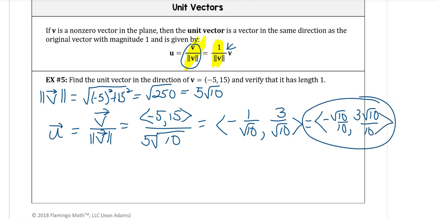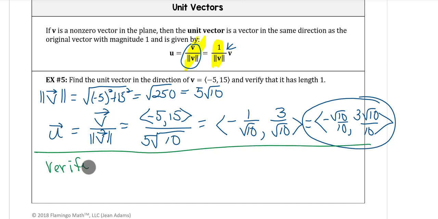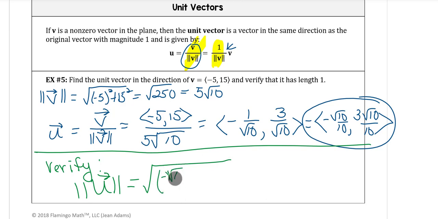And now to verify, I will find the magnitude of u. So that's going to be the square root of (-√10/10) squared plus (3√10/10) squared.